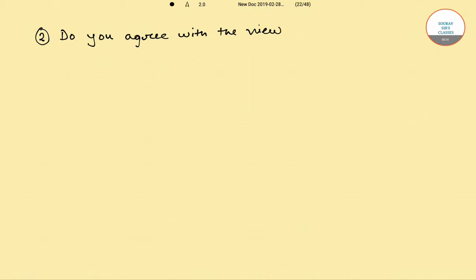Do you agree with the view that Heckscher-Ohlin theorem is an extension of Ricardian theory of trade?